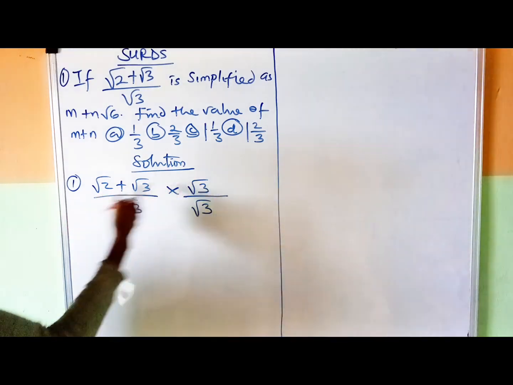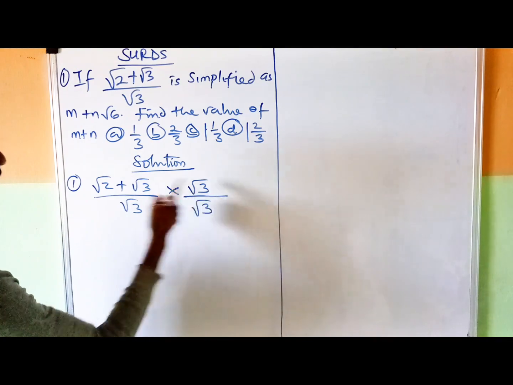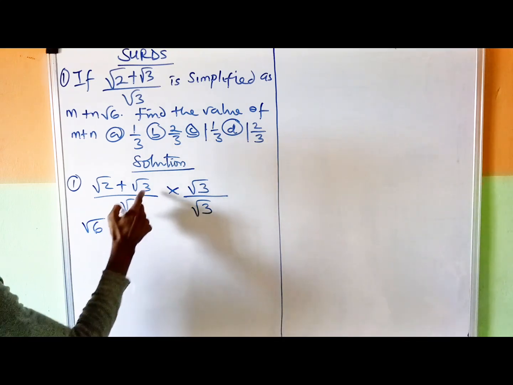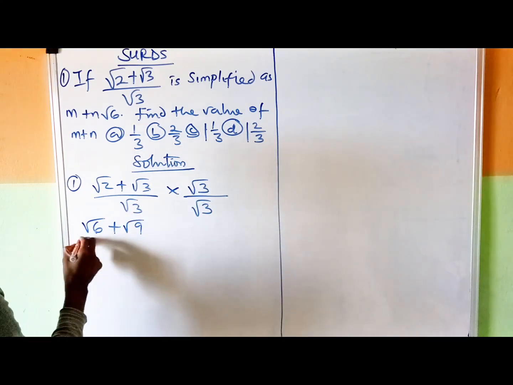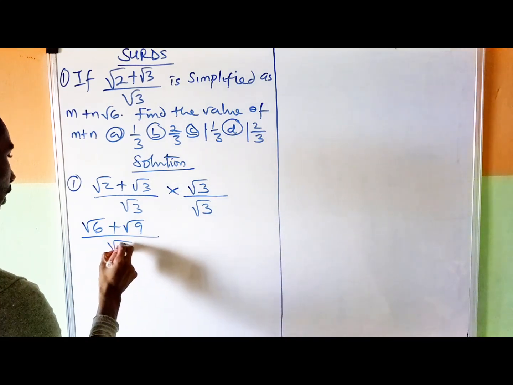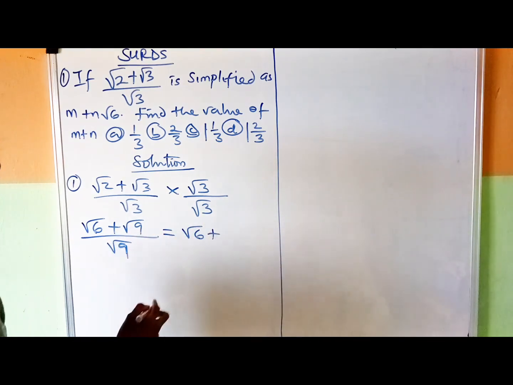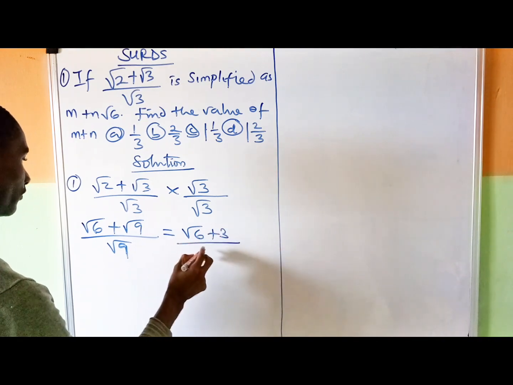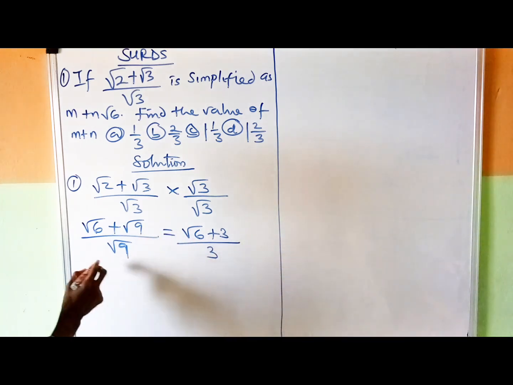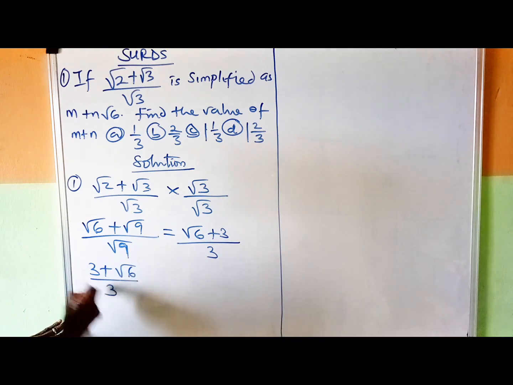If you do that, root 2 times root 3 gives you root 6, plus root 3 times root 3 gives you root 9, all over root 3 times root 3, which is root 9. That gives us root 6 plus the square root of 9, which is 3, all over root 9, which is 3. So I can rewrite this as 3 plus root 6 all over 3.